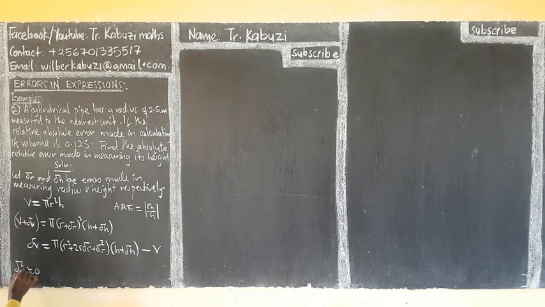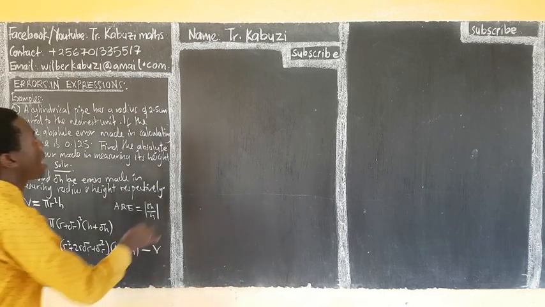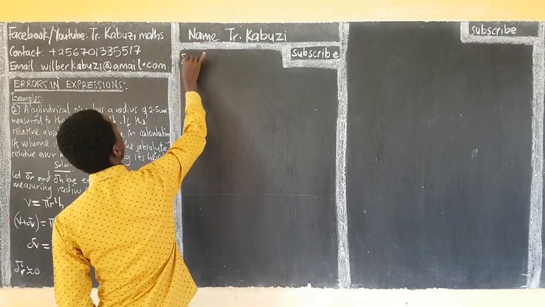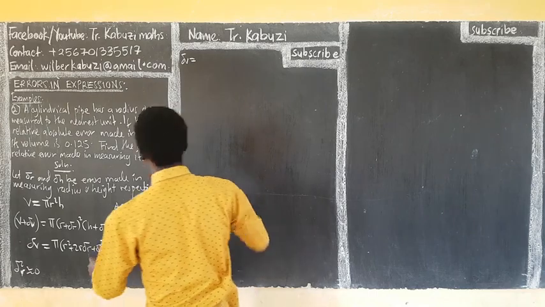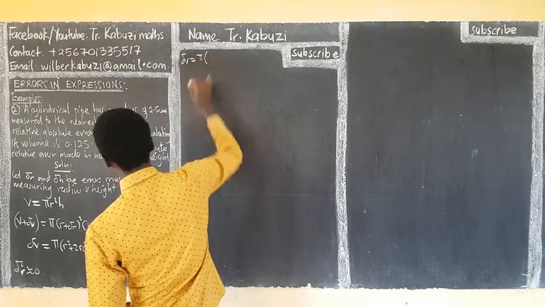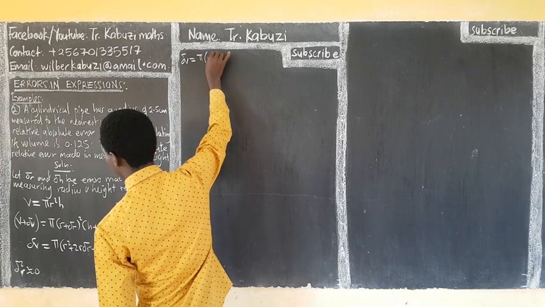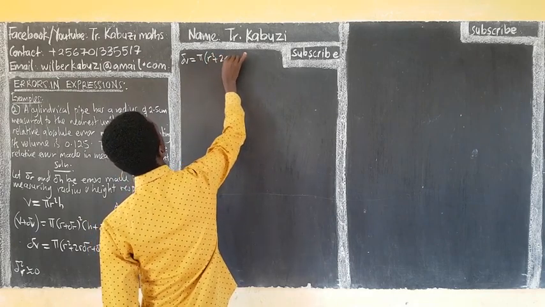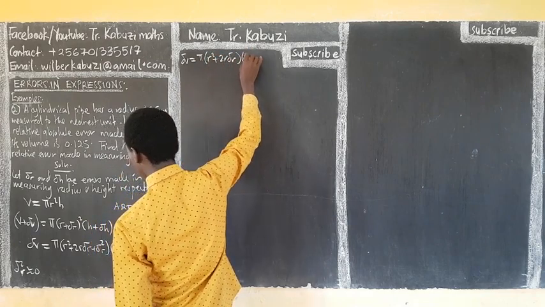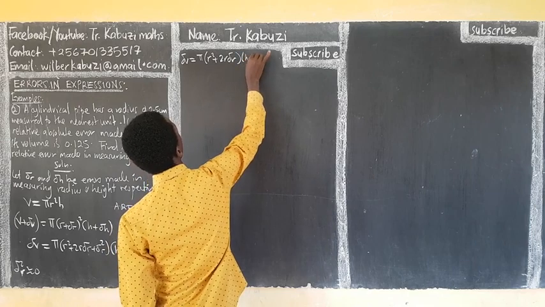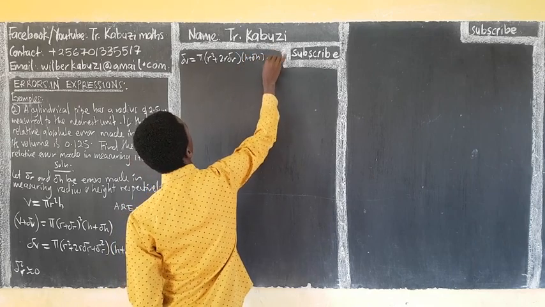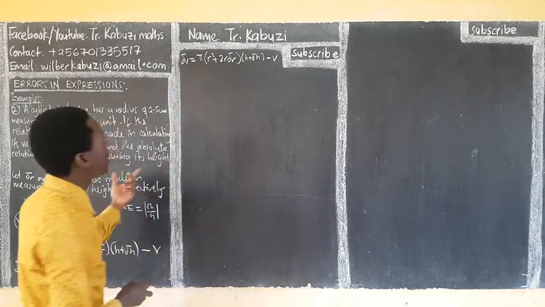So from here, my sigma v is going to be pi into, multiplying this and this, r squared minus v, taking v aside.